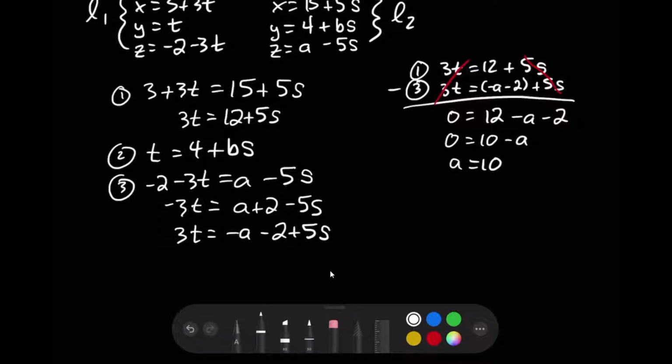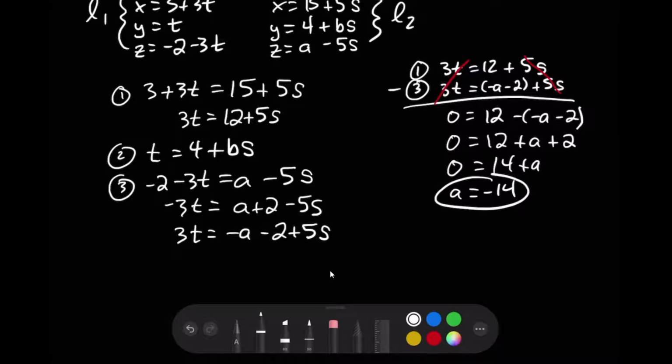Actually, conceptually, I did the right thing, but I made a practical mistake. Let's try this again. Remember, we're subtracting these, so it's 12 minus negative a minus 2. So it's going to be 0 equals 12 plus a plus 2. So 0 equals 14 plus a, so a equals negative 14.